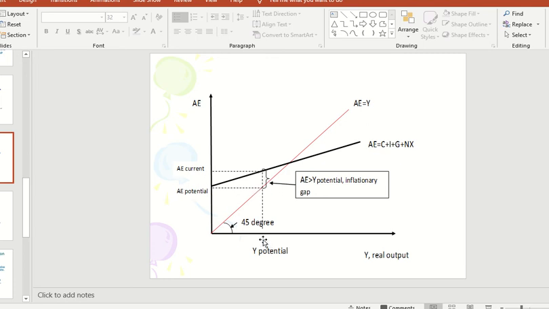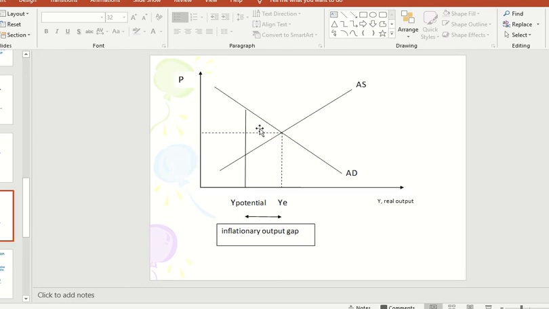When you extend it to the aggregate expenditure function, you find that if the economy were to produce the potential output level, the economy would have spent this much, which exceeds the amount needed to support the potential output level. So there would be too much spending. That's why the economy doesn't end up producing the potential output level. It's producing more than that. How much the aggregate expenditure exceeds the potential output level, the vertical distance here, is called the inflationary gap.